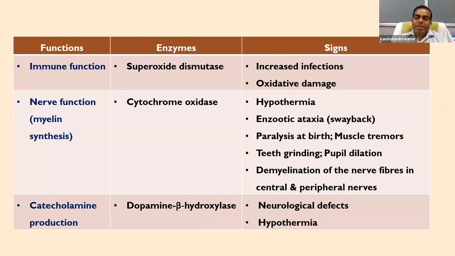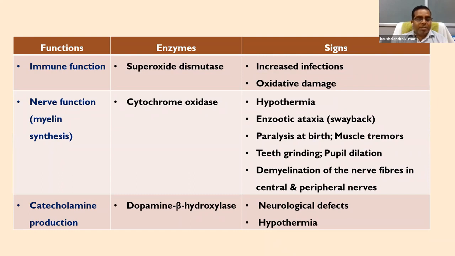Paralysis may develop during birth. Muscle tremor may arise, along with teeth grinding, dilation of the pupil, and demyelination of the nerve fibers, both in the central and peripheral nervous system.